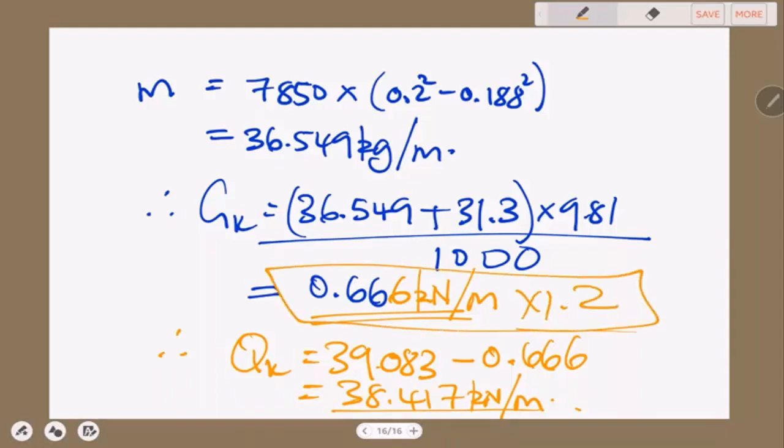We've just taken the self-weight directly and applied it there. So if you want to be very accurate, you have to determine the unfactored loads, so that the value you apply is a value before you apply partial factors, and it's a smaller value.